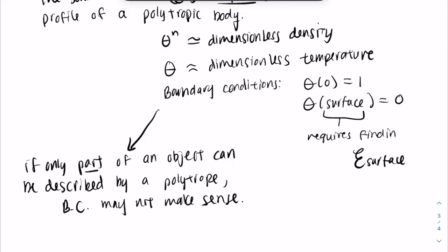So for the Lane-Emden equation, analytic solutions exist for n of 1, 0, and 5. As long as n is less than 5, then your solutions are going to have finite mass. And there are some commonly used indexes.